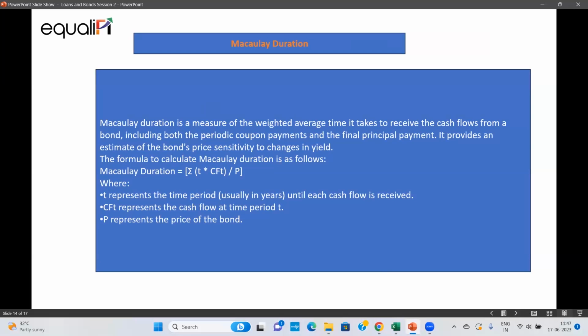It is a measure of weighted average time it takes to receive the cash flows. So I get cash flows from a bond, both periodic and the final, that is the terminal value that I receive with the principal payment. The Macaulay duration is the weighted average of the time. So what is the time, average, and the weighted average, right?